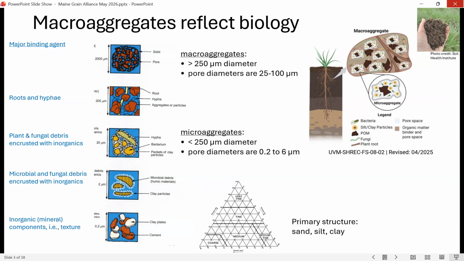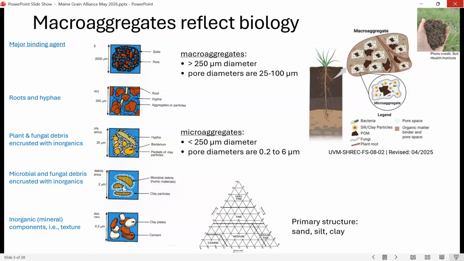But when we start to think about the overall structure of soil, I would say we have another tier, which is what I would call secondary structure or aggregates. And this is where soil biology starts to interact with the mineral particles. I'll walk through the steps in terms of what comprises an aggregate. On the left, we have the inorganic mineral particles, sand, silt, clay.